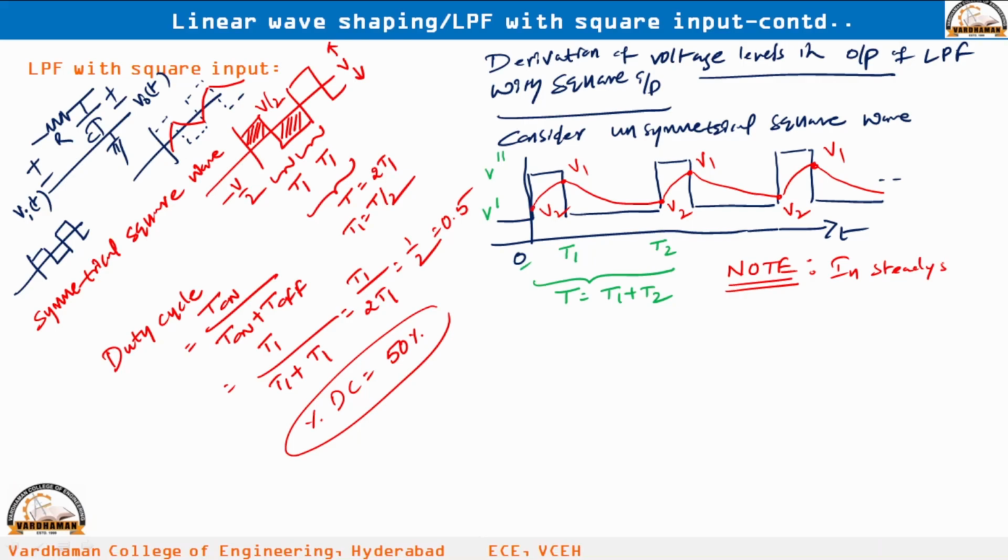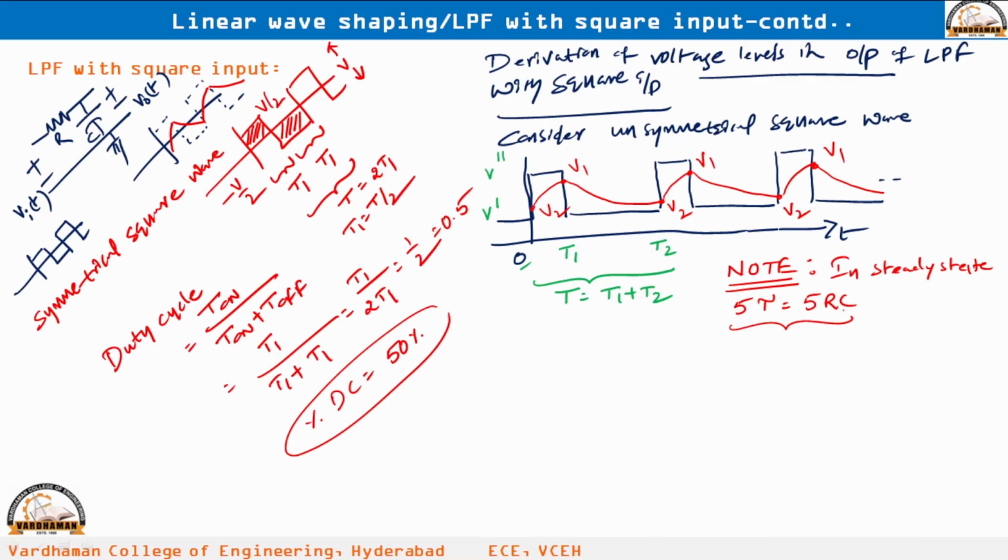What is steady state? Steady state is nothing but, after applying the input, a certain amount of time is to be completed, then the output enters into the steady state. How much time? It is 5 time constants, 5 tau, 5 RC. This many seconds you need to wait in order to enter into the steady state.